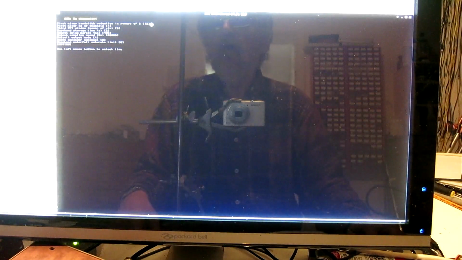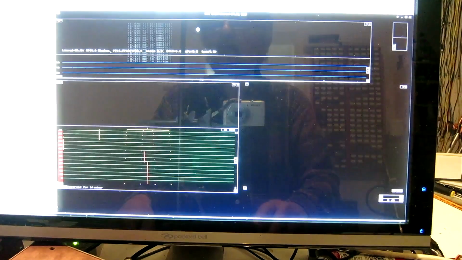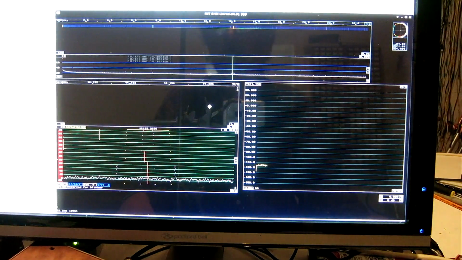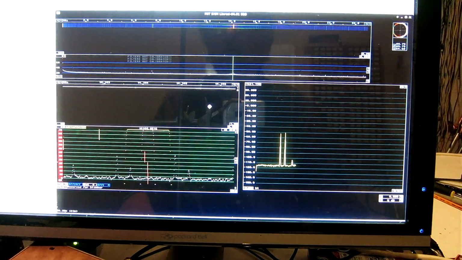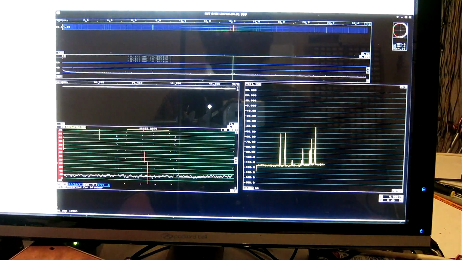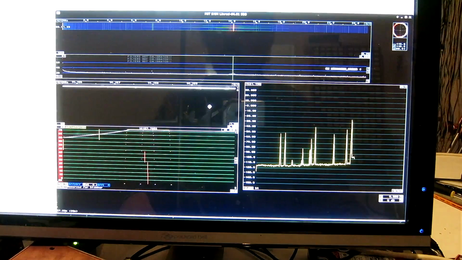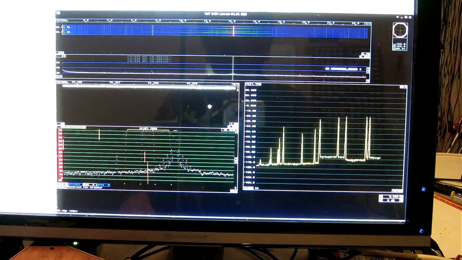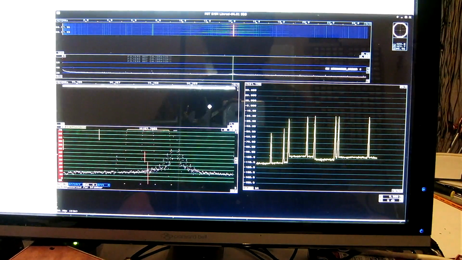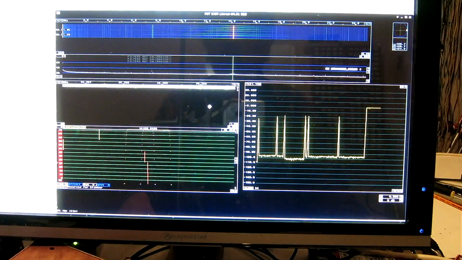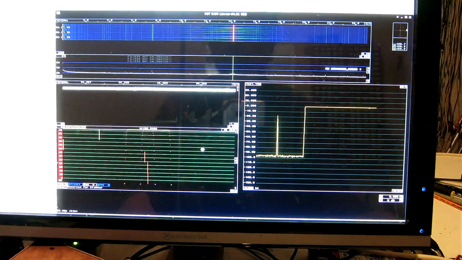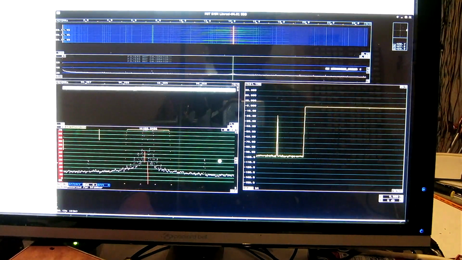And I go here for, let's say, 10. And look again at the signal. So the signal is here at 0, and here are 2 spurs.